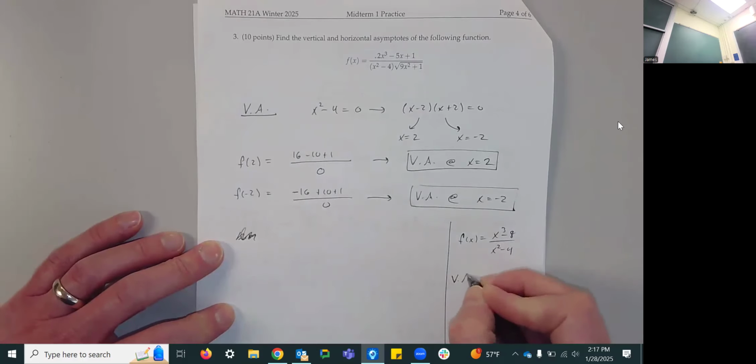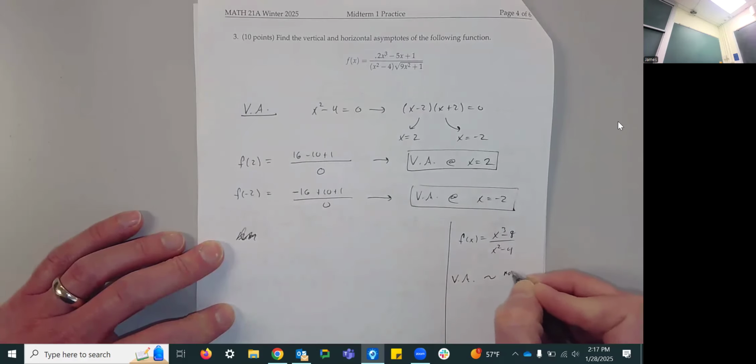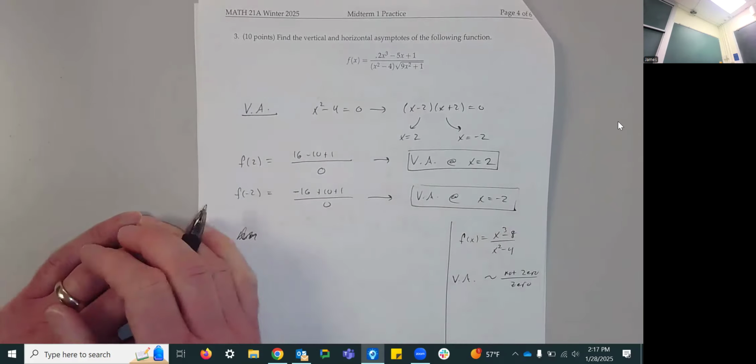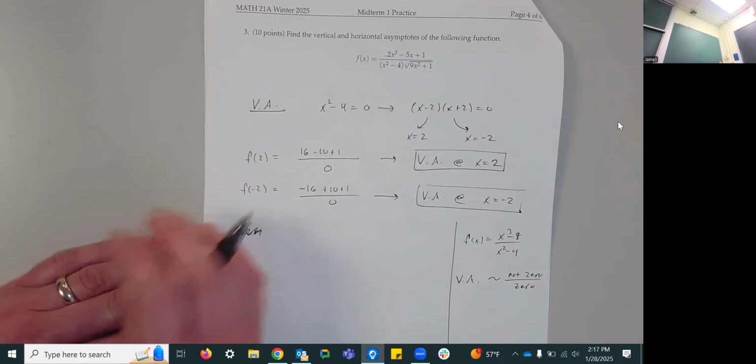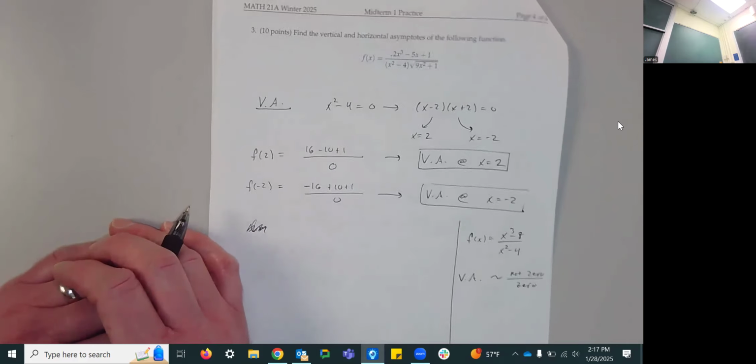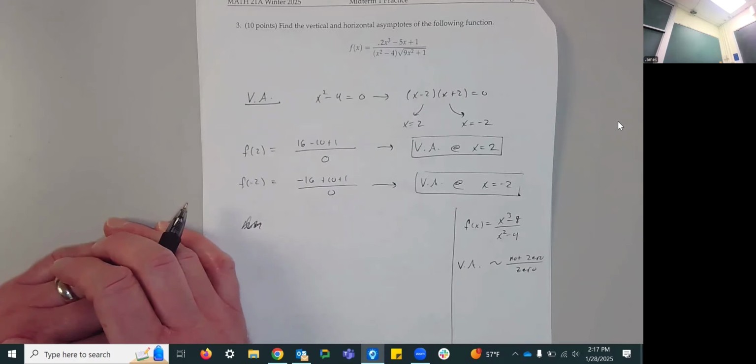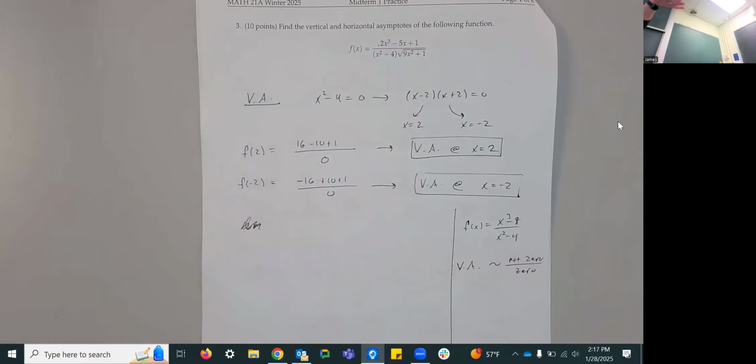A vertical asymptote often corresponds to not 0 over 0. There's one other special exception. What other kind of function that isn't a fraction has a vertical asymptote? The natural log. Natural log of x or any log has a vertical asymptote at the y-axis. That's kind of the only function that isn't a quotient that has a vertical asymptote. Every other function that has a vertical asymptote is some sort of being divided by 0.